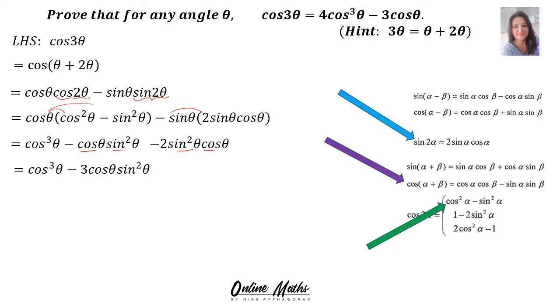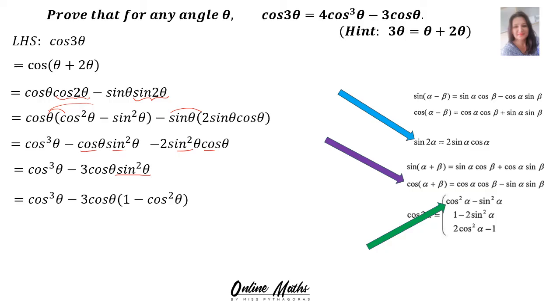Then it feels as if I'm a little bit stuck. Now let's go to the original sum, and we can see that there's a 4 cos cubed theta minus 3 cos theta. Why I went back to that one is that there's no sin. So my problem is to get rid of sin squared theta, and I've got a way. The Grade 11 squares identity: I can rewrite that as 1 minus cos squared theta.